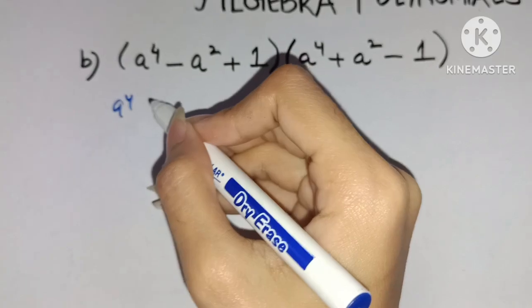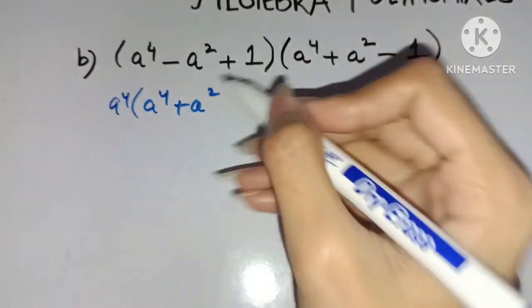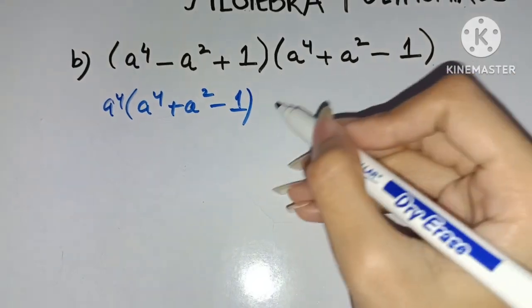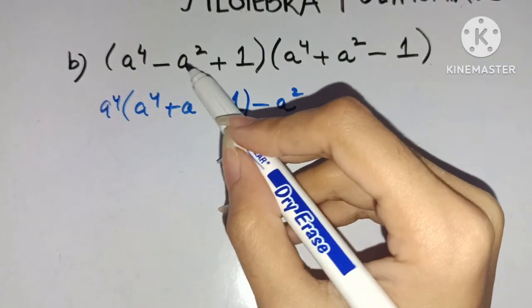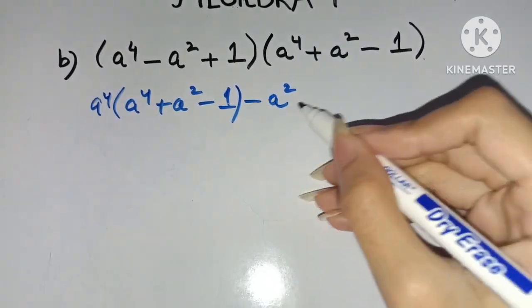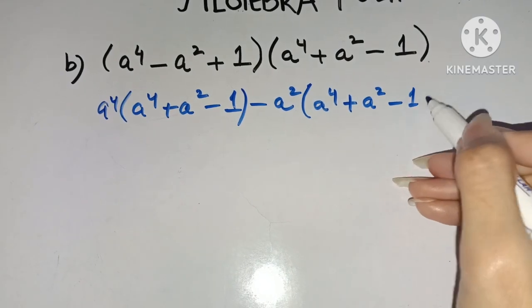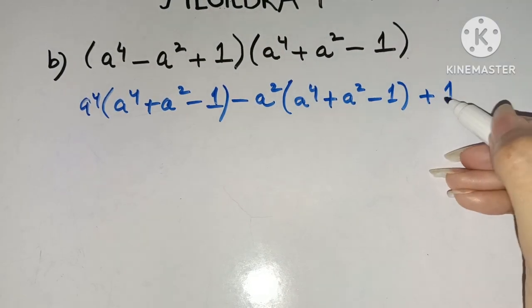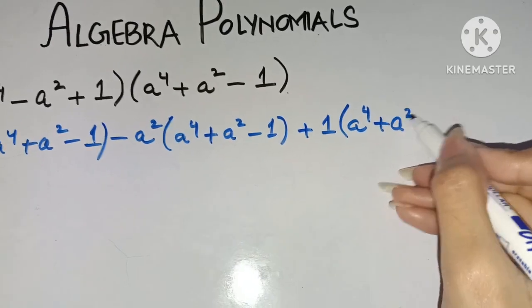So a4 will be multiplied with a power 4 plus a square minus 1, and minus a square, because here minus is coming, so we will write over here also minus a square will be multiplied with a power 4 plus a square minus 1, and then 1 will be multiplied with a 4 plus a square minus 1.